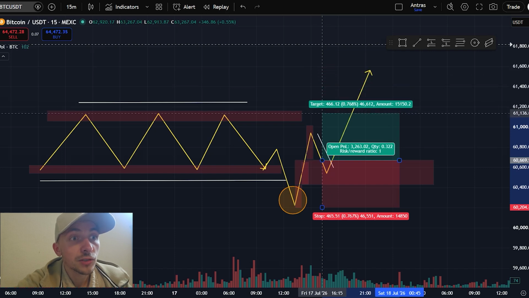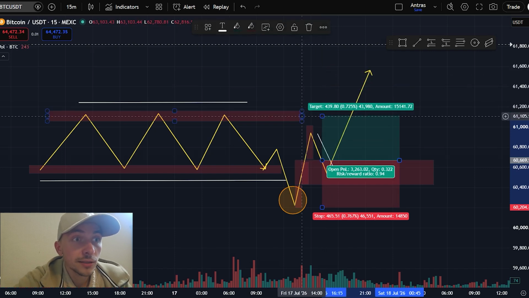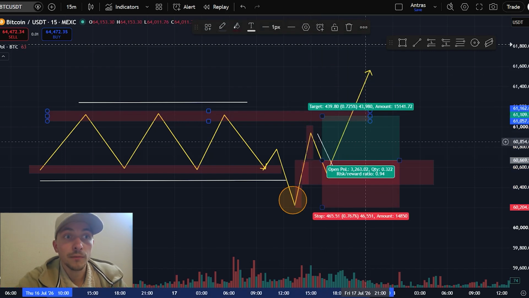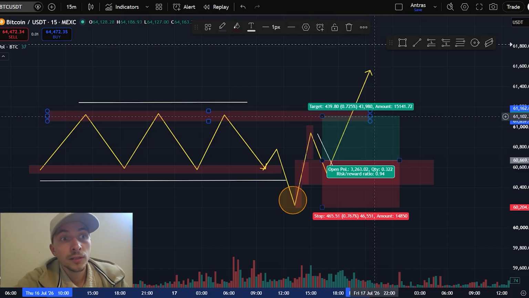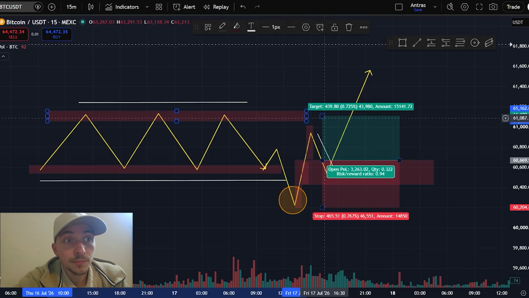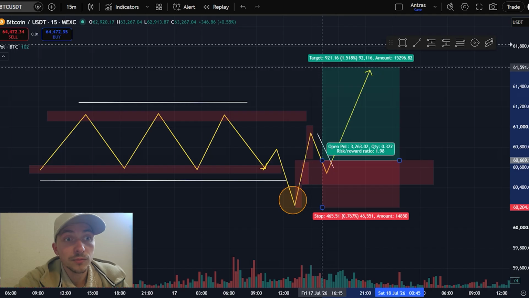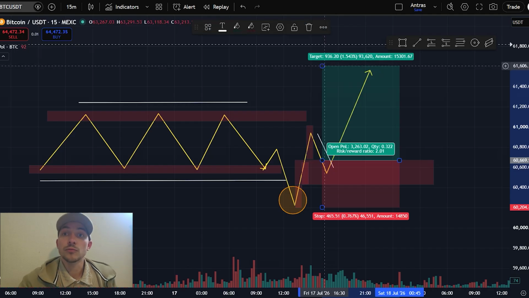You can, of course, try to target the resistance zone, but then you're gonna have, what, 1 to 1 risk reward. It's normal, but it's better to use at least 1 to 2 risk reward. You can try 1 to 3 if you wanna, but 1 to 2 is the most optimal, and this is what I'm suggesting for you.